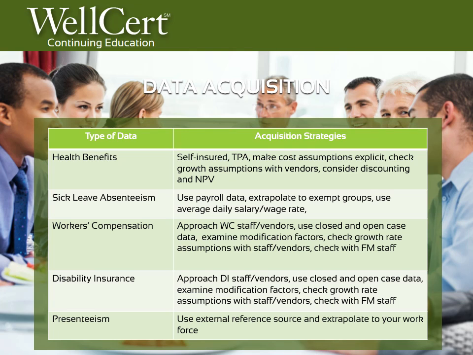NPV is net present value, and that's a standardized financial process or method for determining what the net economic impact of something like a wellness program would be on the organization. Workers' comp, WC, FM is financial management, DI is disability insurance, and again, financial management staff. Those are what the acronyms are within the graph or the acquisition strategies.